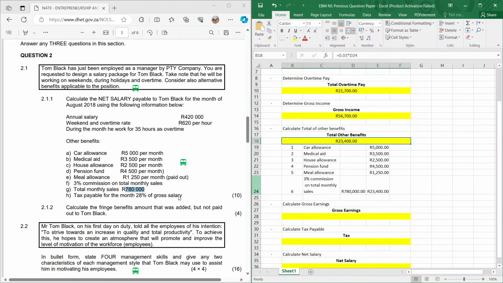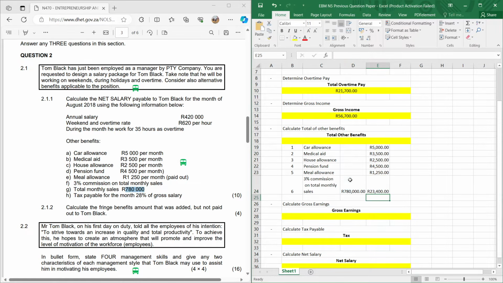This is 3% of this amount, meaning this is one of the benefits, not the overall benefits. Which is right here, I'd already calculated it, 23,400. And I literally did the same thing: 0.03 multiplied by the total monthly sales.